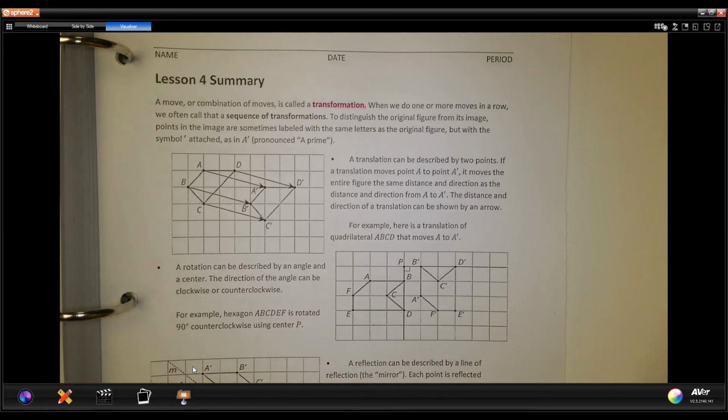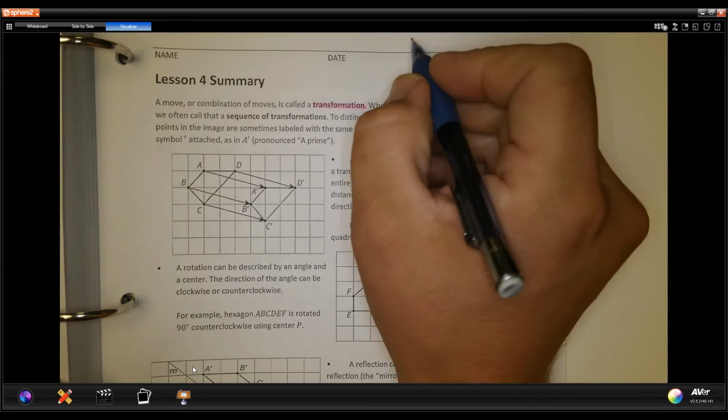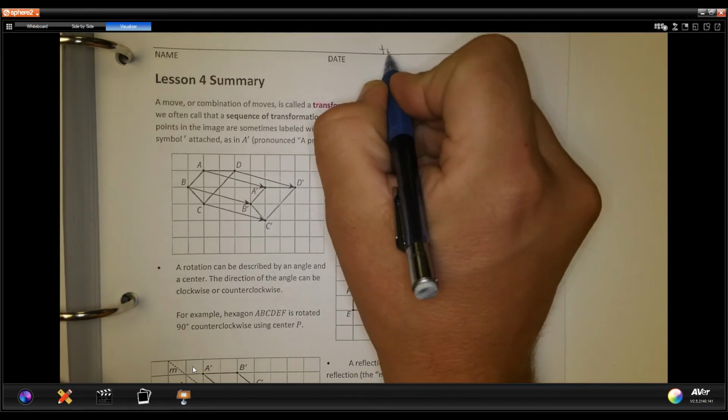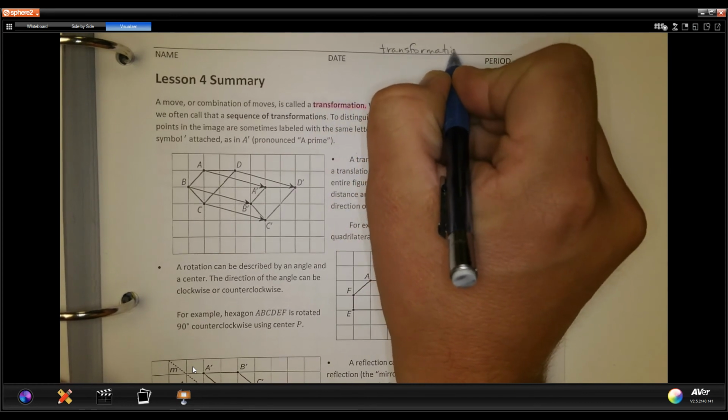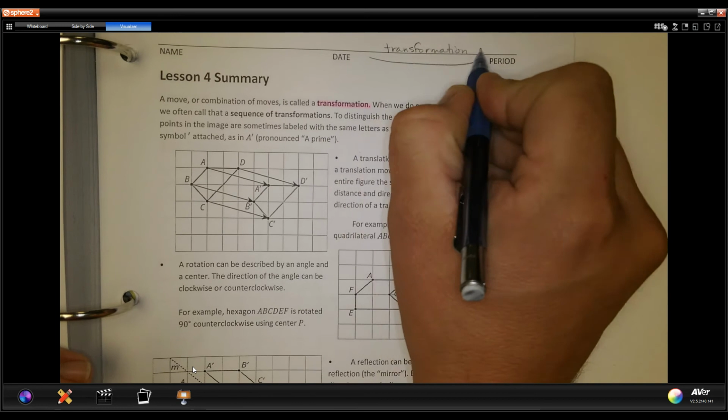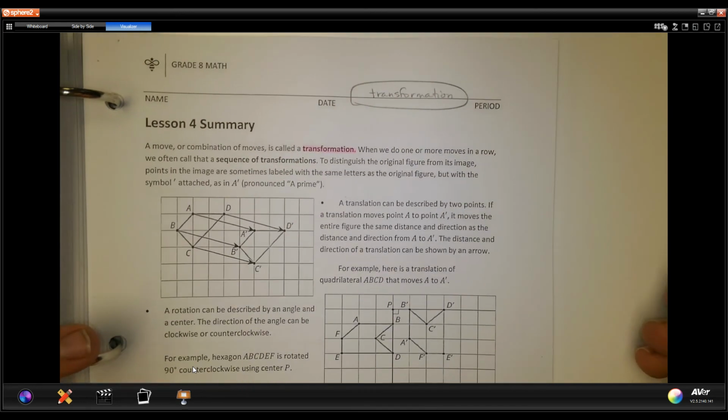A transformation is the overreaching subject for all of this. Think about in English, when you make some kind of a concept web, we have transformation as the main topic of what we're talking about.